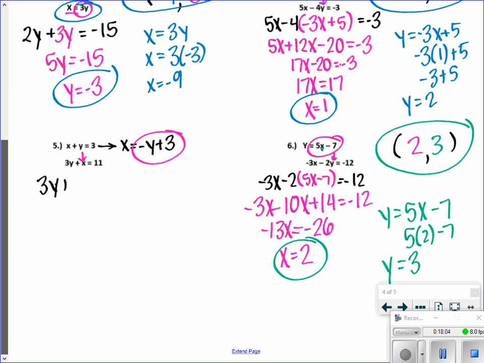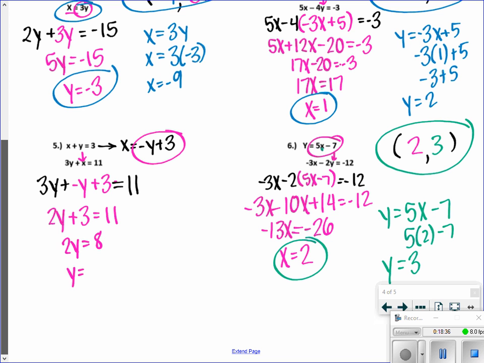So 3y plus, then negative y plus 3 equals 11. Combining like terms. Two steps left to solve that. What's first step? Subtract 3. Then what?